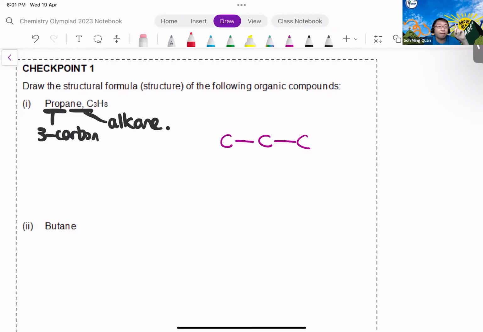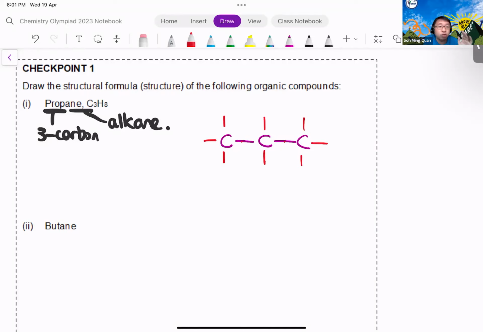Then I must make sure I have 4 bonds around each carbon. The carbon on the left needs 3 additional bonds to make it 4. The carbon in the middle already has 1 line, 2 lines, so I need 2 more to make it 4. The carbon on the right needs 3 more to make it 4 bonds.